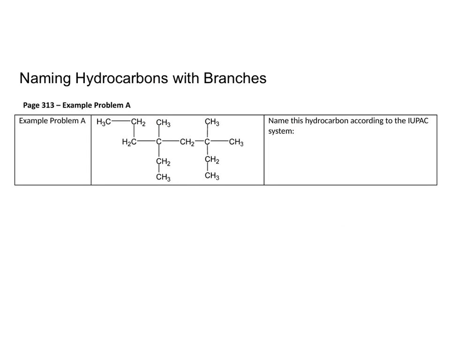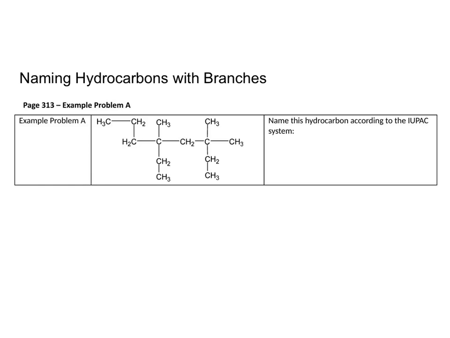So when you name them, what you have to do is identify the longest continuous chain. Generally speaking, when I try to identify the longest continuous chain, I try to highlight as long as I can go.